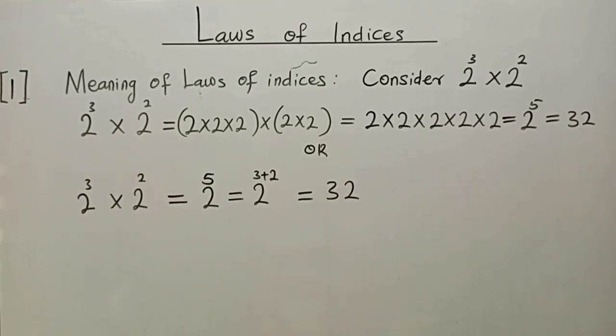What if then you are told to define laws of indices? What will you say? Now, let me write what it is, and you compare it with what you are thinking.